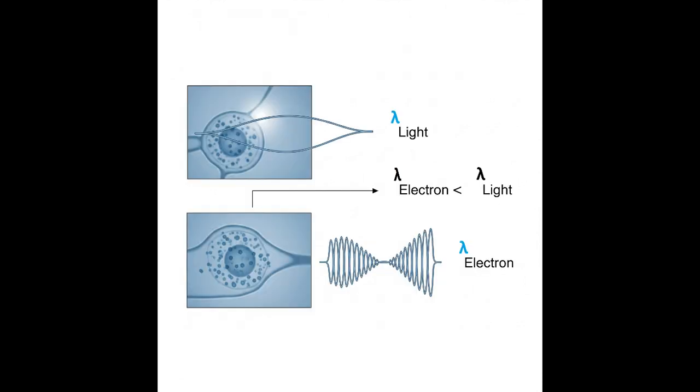The wavelength of visible light is actually about 1,000 times higher than the wavelength of an electron. This fundamental difference is what allows electron microscopes to achieve vastly higher magnifications and resolutions. They can see much finer details because their measuring stick, the wavelength, is so much smaller.